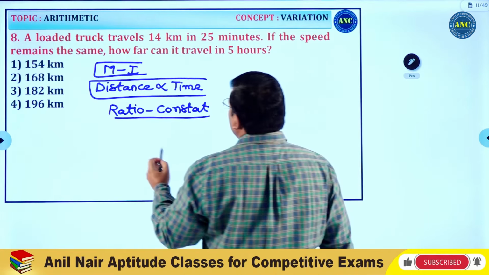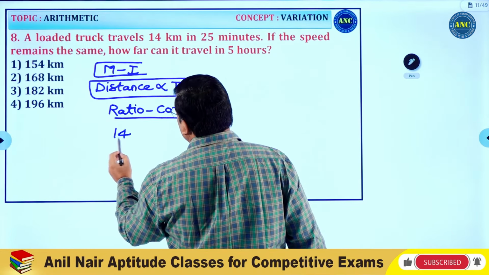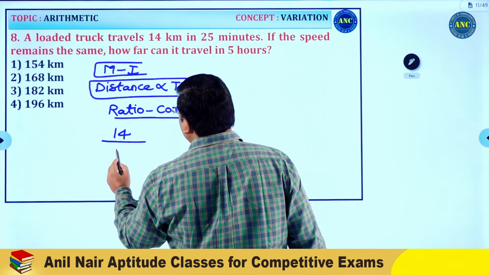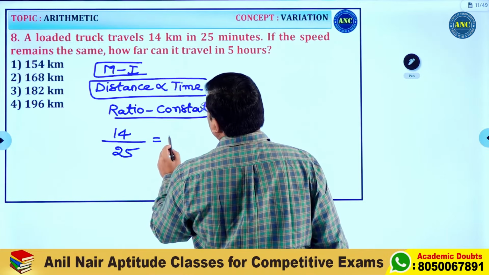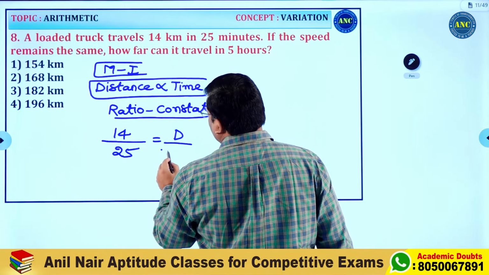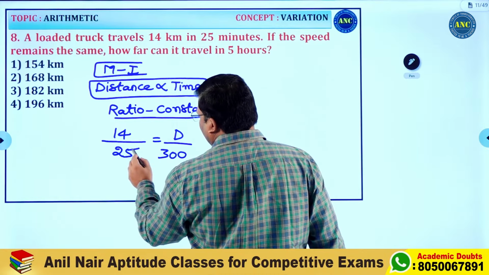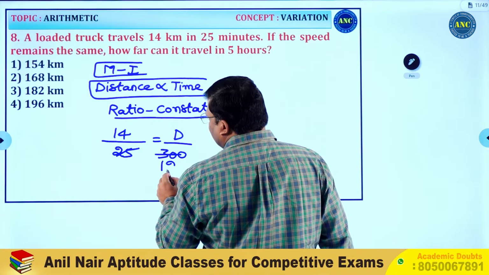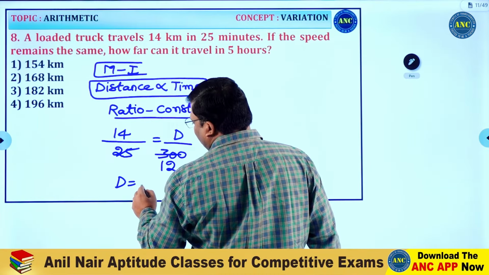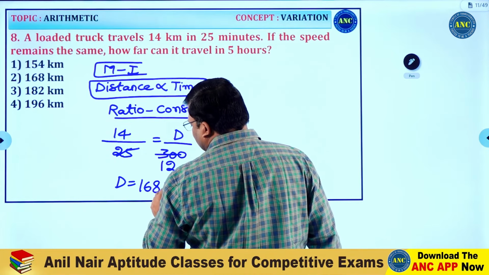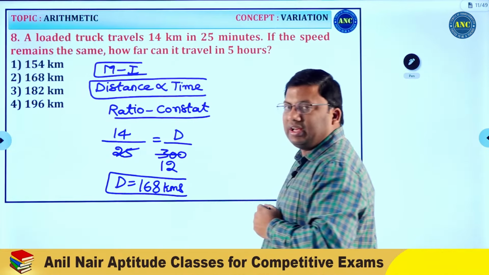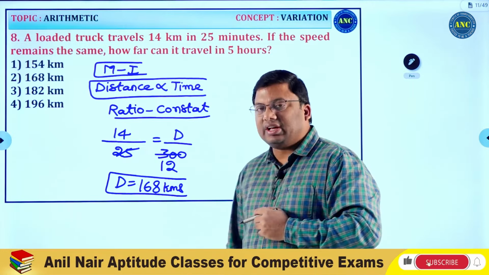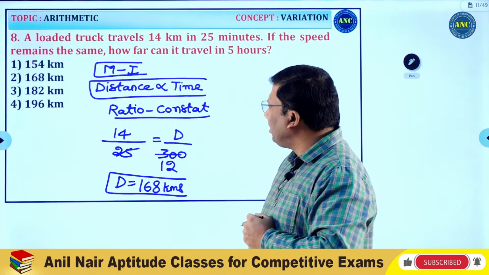Ratio means distance 14 kilometers by 25 minutes. Next distance, next is 5 hours, 1 hour 16 minutes. 25 12s are 300, 12 into 14 is 168. Distance is 168 kilometers.